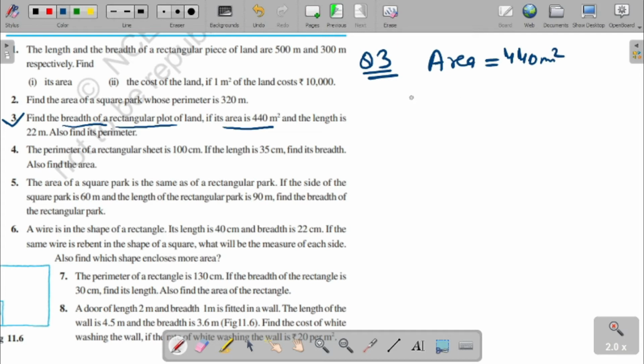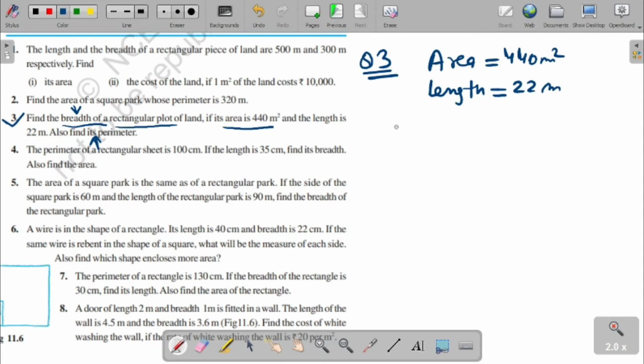And length is given to you: 22 meter. We have to find the breadth, and in the first part find the breadth. Then you have to find the perimeter.